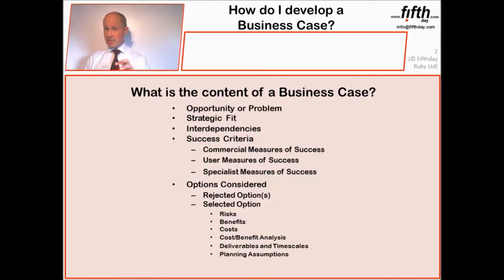And importantly, specifically within the business case, we ought to be describing what our benefits realisation plan is going to be. That's to say, how we go about ensuring that those benefits we're anticipating are actually delivered. So this may have to do with the period after the project when we're looking to measure benefits that may at that point still be maturing, still being realised.